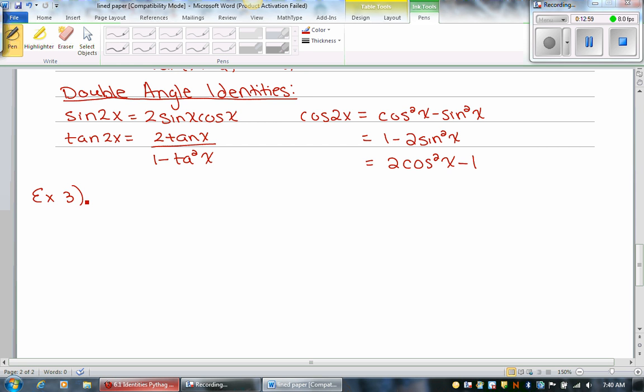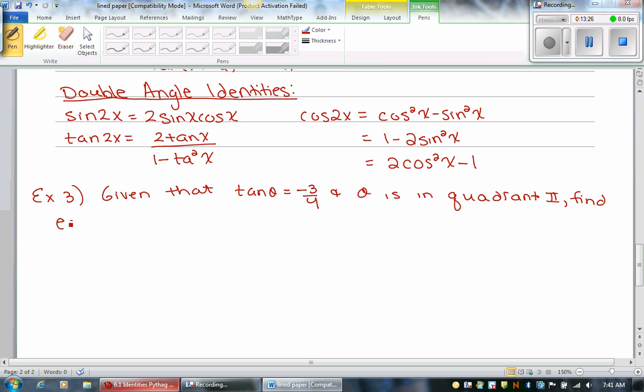Okay, so given that tangent theta equals negative 3/4, and theta is in quadrant 2. Find each of the following.